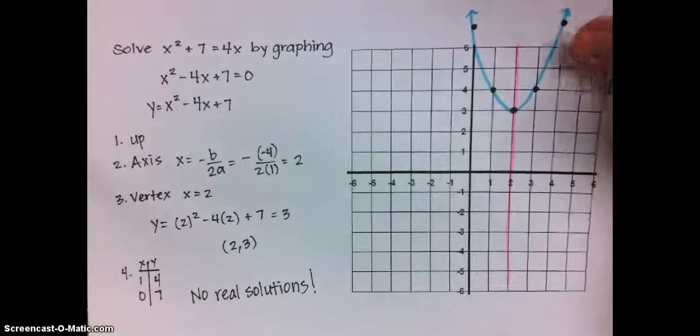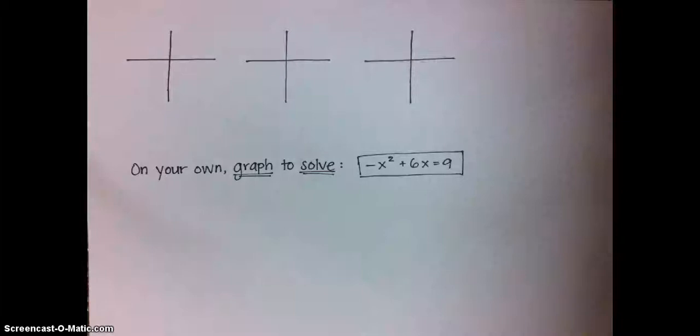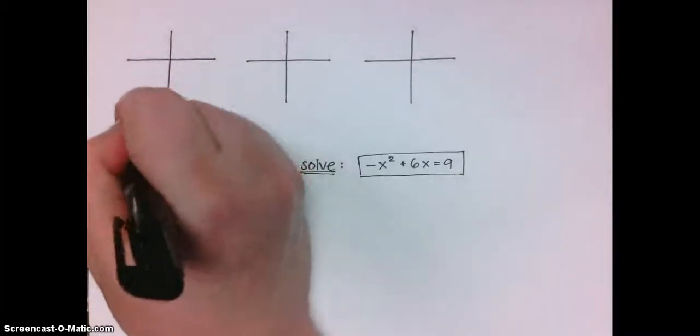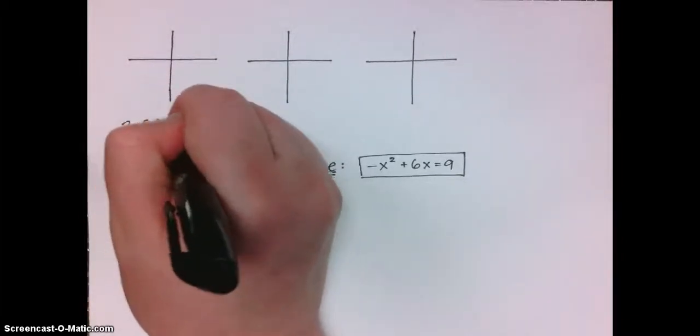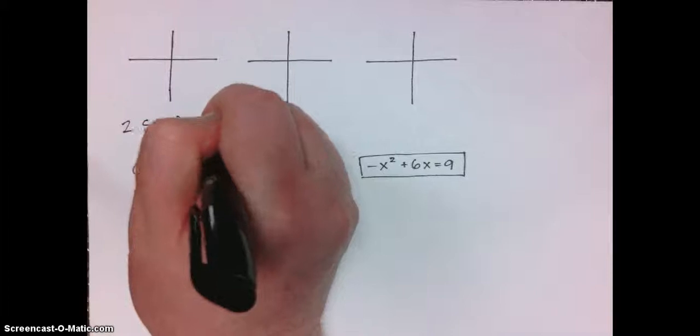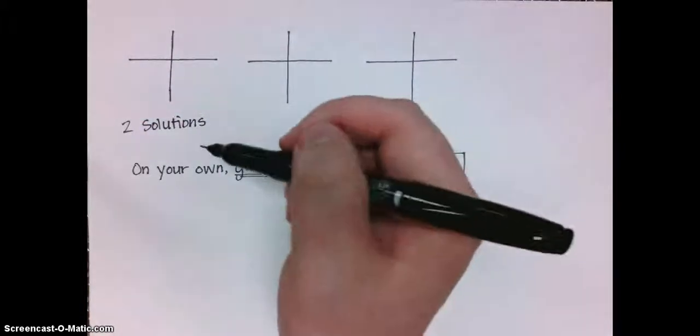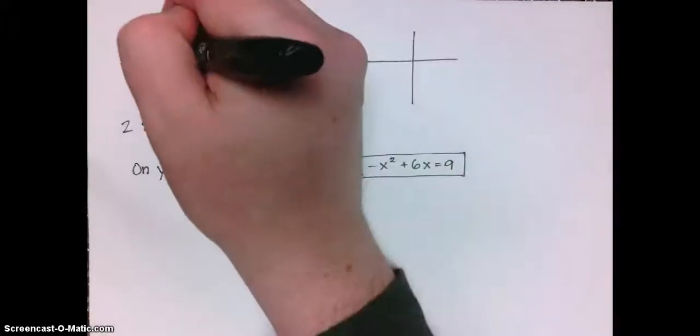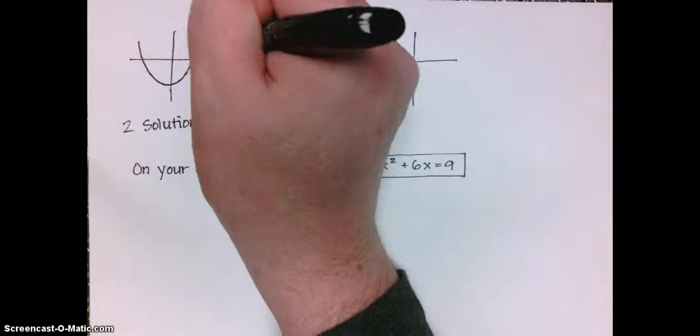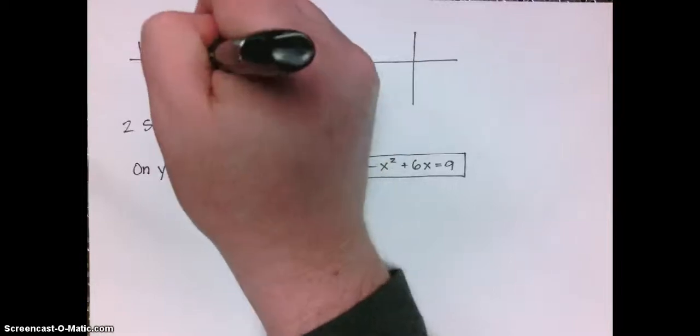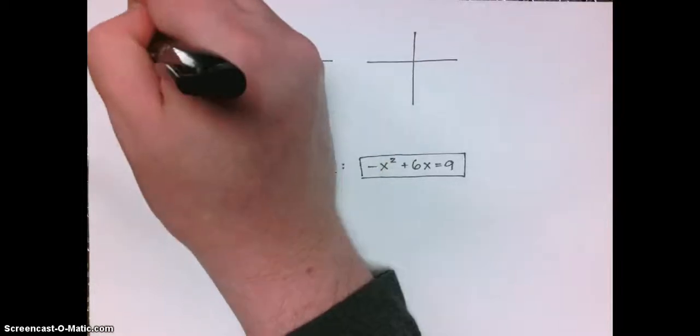So, to recap, if you are going to find 2 solutions, the parabola that you're going to find is going to be crossing the x-axis at 2 points. Okay?